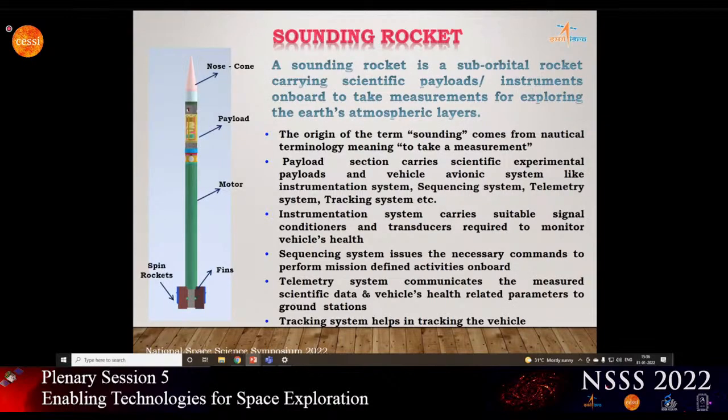In the sounding rocket structure, the critical part highlighted here is the payload area, which includes all the scientific instruments as well as avionic modules. In this presentation, we'll mainly focus on the payload domain, and discuss vehicle avionics, instrumentation, and some of the payloads already flown for scientific experiments.